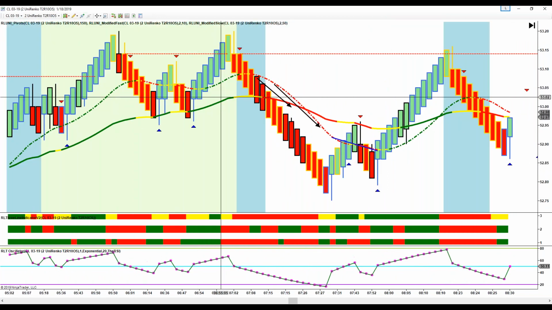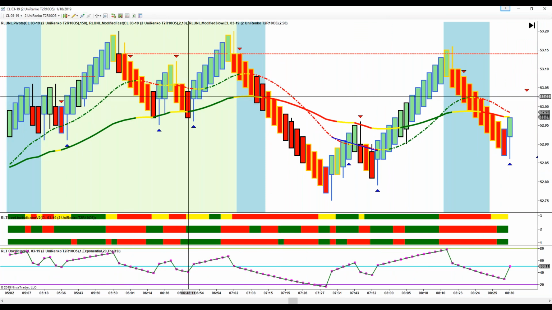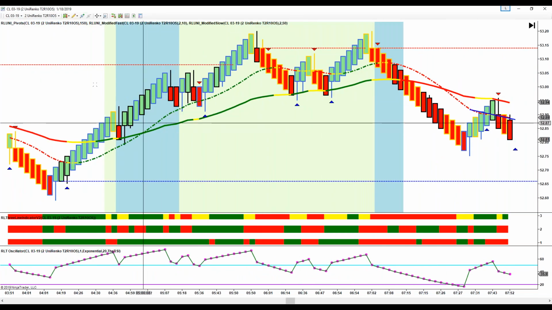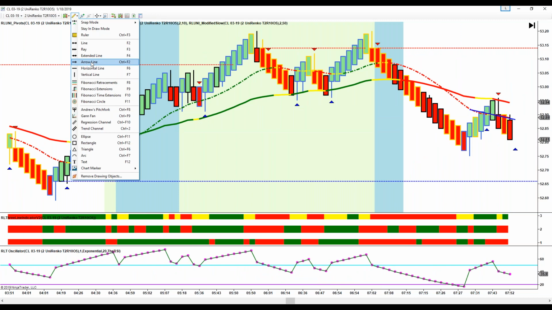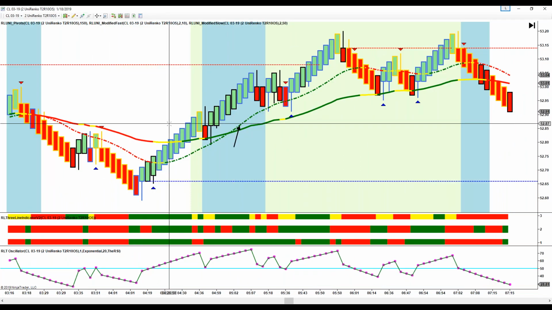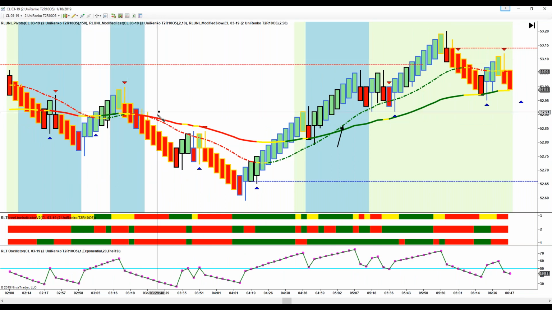Now, another one of our trading rules, in addition to looking for background bias, is we will not take a long on our trading chart until the 15 crosses the 50 to the upside. And we're not going to take a short until the 15 crosses the 50 to the downside.